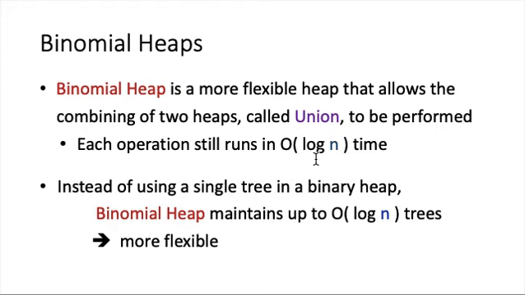Now recall that when we were using a binary heap, we were maintaining a binary tree, just a single tree. But here we will see that a binomial heap actually maintains many trees. There could be up to order of log n trees. Because of this, the structure is more flexible and allows all the operations to be done efficiently.